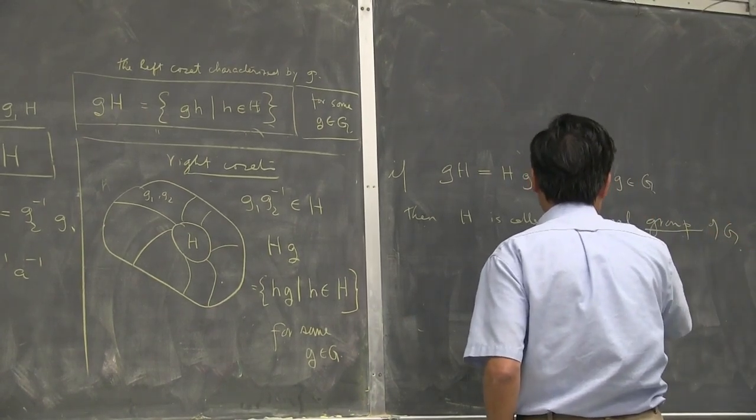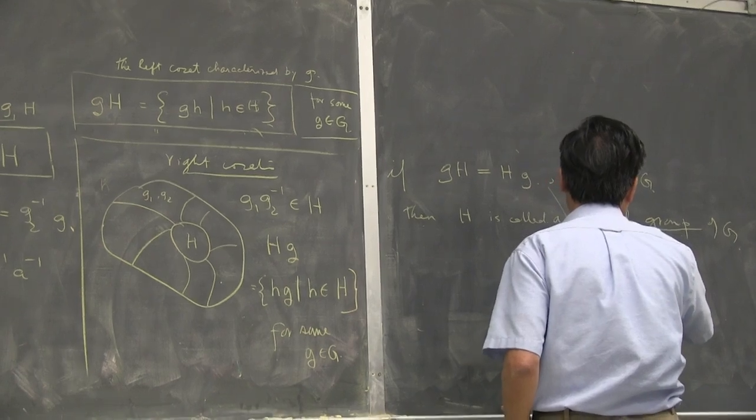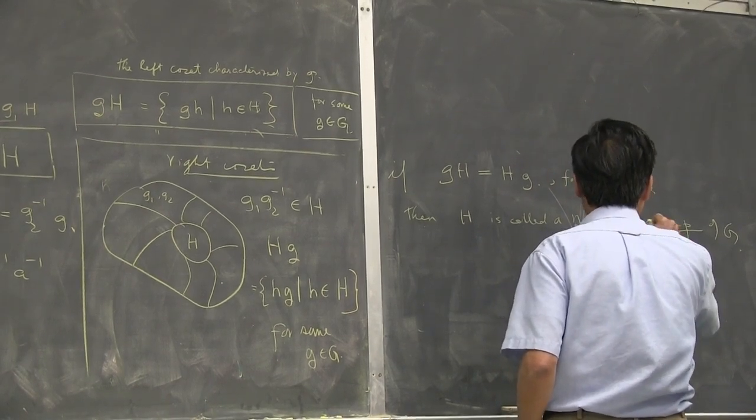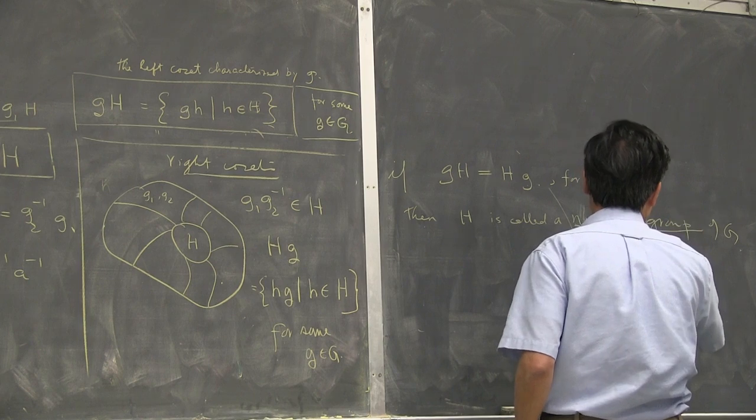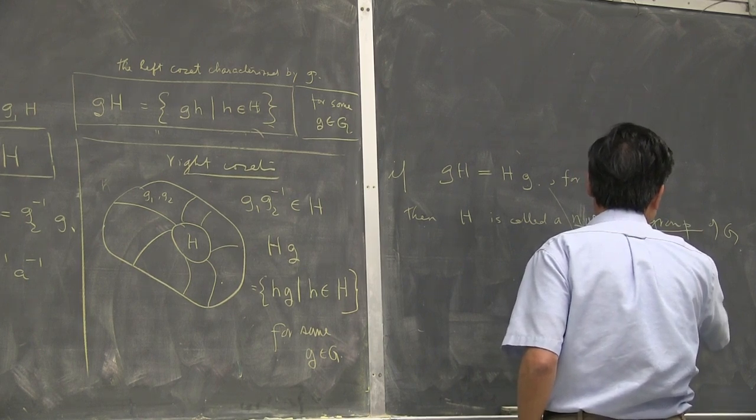Sometimes it's also called an invariant subgroup. Normal subgroup or invariant subgroup of G.